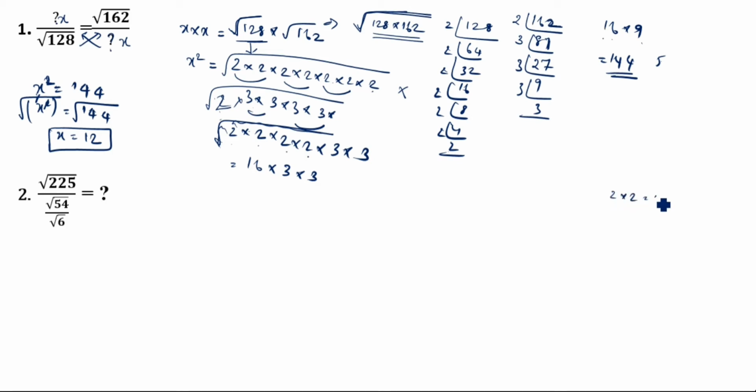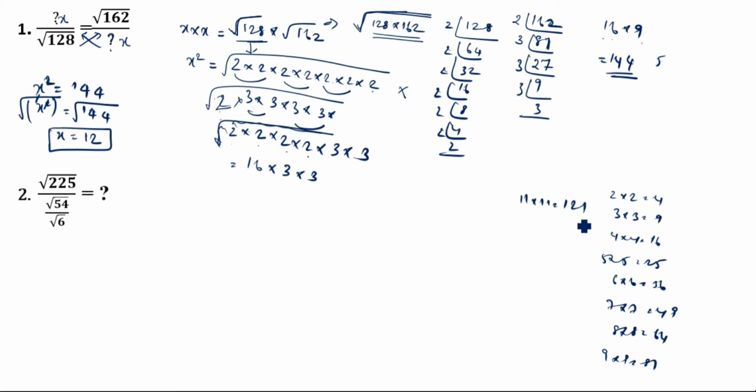So 2 2s are 4. 3 3s are 9. 4 4s are 16. 5 5s are 25. 6 6s are 36. 7 7s are 49. 8 8s are 64. 9 9s are 81. 10 10s are 100. 11 11s are 121. 12 12s are 144. 13 13s are 169. So 15 15s are 225.